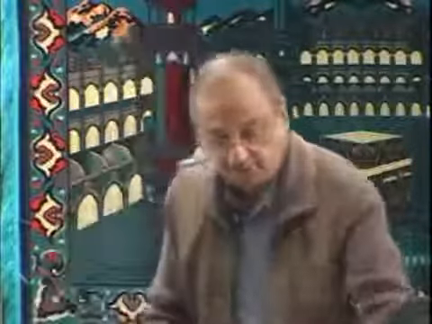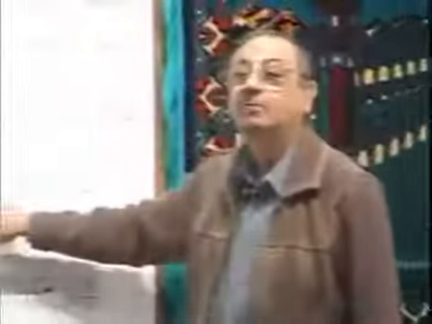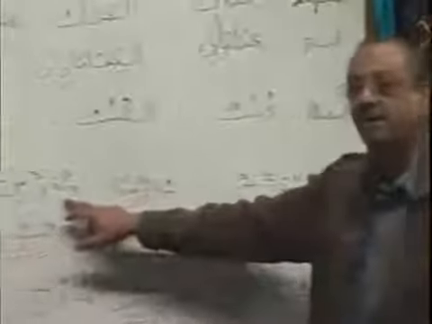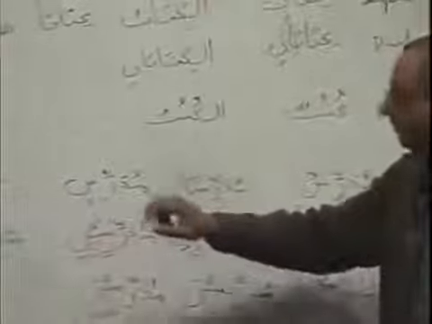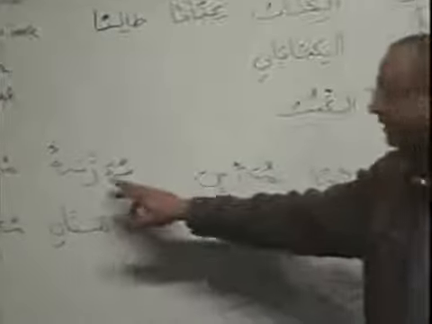Okay. Now, what is the next noun there, brother and sister? Muslimun. What is the first one? If you have Muslimun here, what will become? Musliman. What will become here? Muslimin. Muslimatun. Then Muslimatan. And then Muslimatin. Now make Muslim into dual.